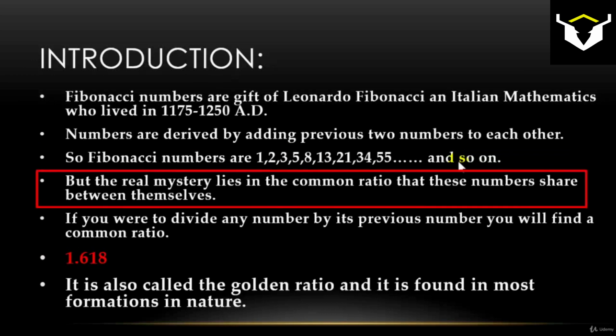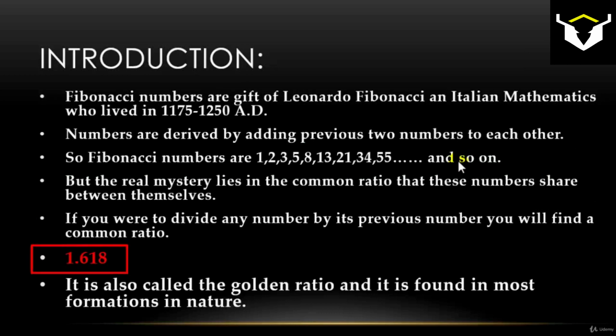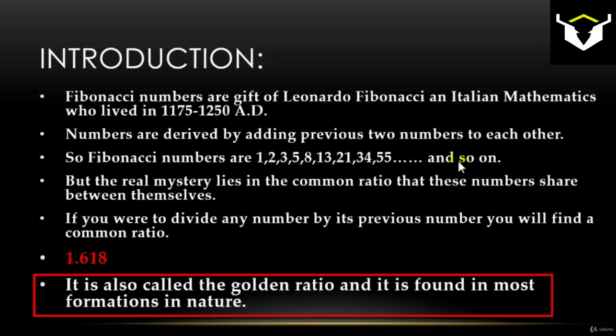But the real mystery lies in the common ratio that these numbers share between themselves. If you were to divide any number by its previous number, you will find a common ratio. Let's say if you were to divide 55 by 34, you will get a ratio that is roughly close to 1.618. 1.618 is also known as the golden ratio, and it is found in many formations of nature.